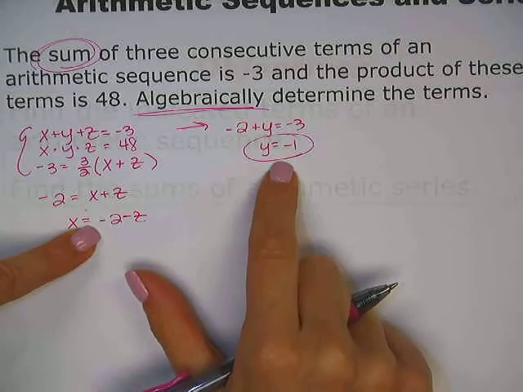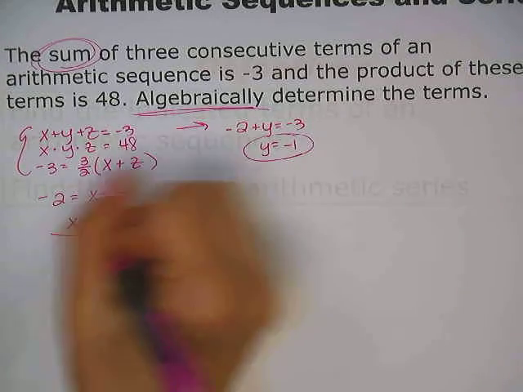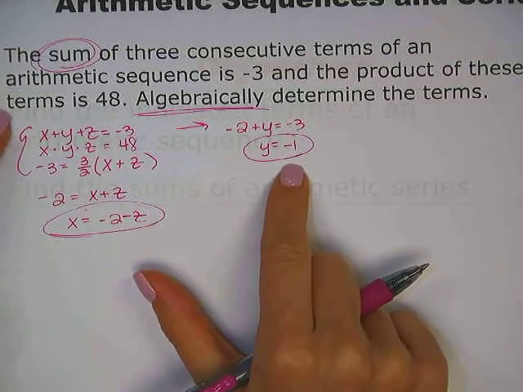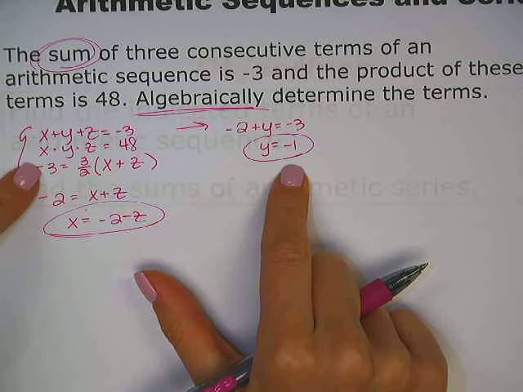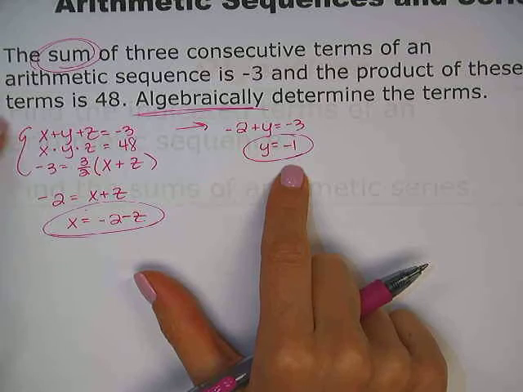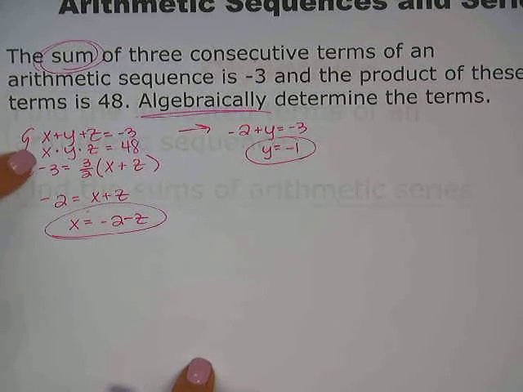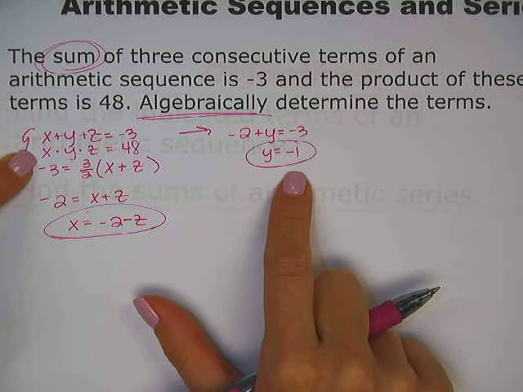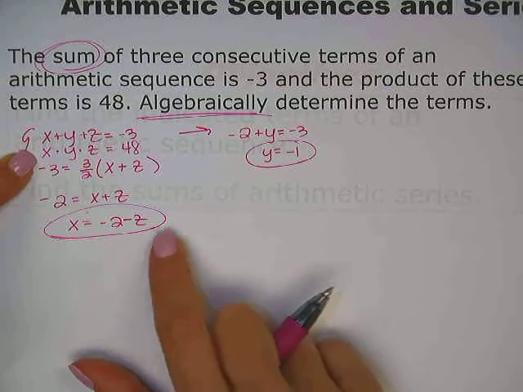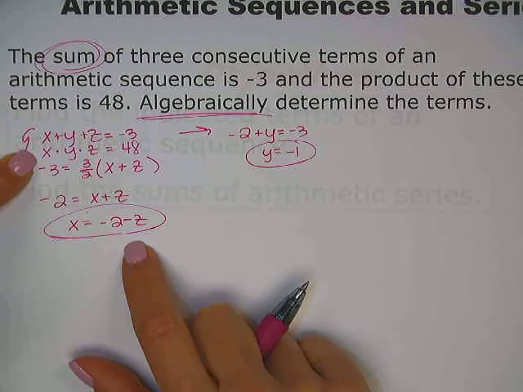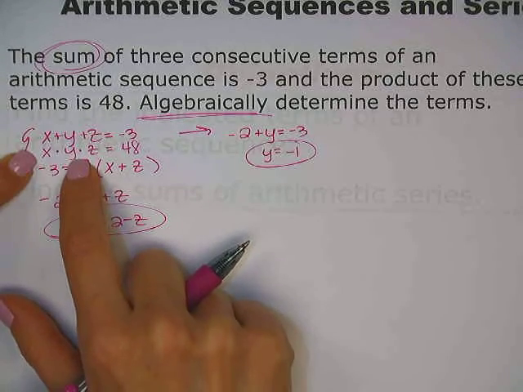I also have y equals negative 1. So let me circle that and that. And from here, I'm going to use this second equation. I'll call it equation number 2. I'm going to take y equals negative 1 and this and plug it into that second equation.